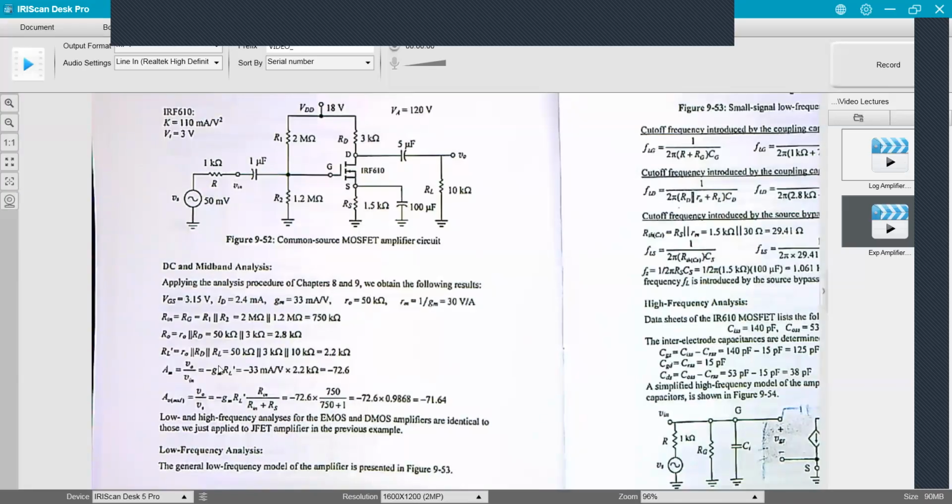Well, that's GM times RL, but we have this voltage divider of RN over RN plus, this should be an S, and the S is missing, a source. So this right here is a fraction that will decrease our total gain a little bit. But in this case, not much at all.